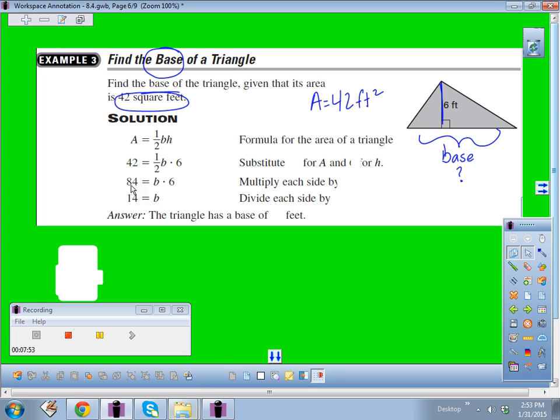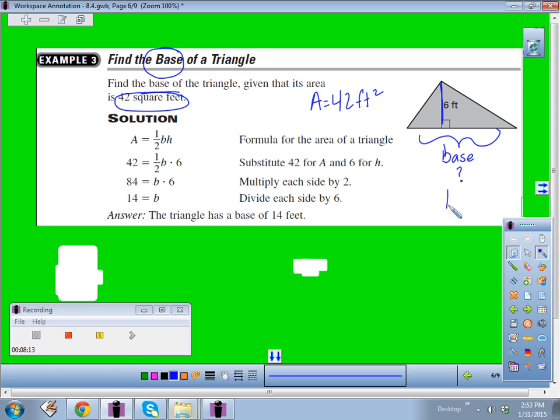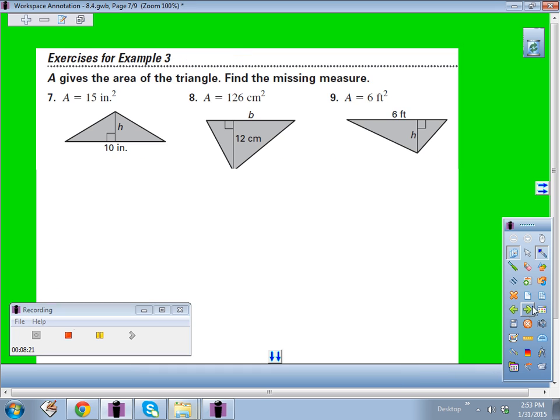And so we get 84 equals base times 6, and then we'll divide each side by 6. Okay, so when we do that, we're left with 14 feet as the base. So when you get 14, you should say, well, is 14 times 6 divided by 2, is that 42? And if it is, then you've done the correct work.